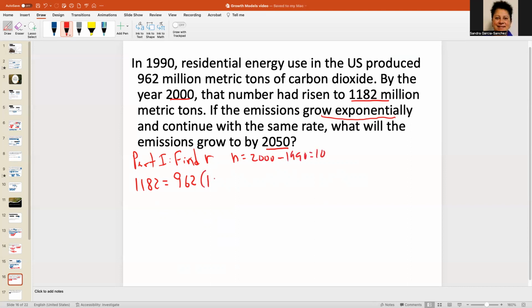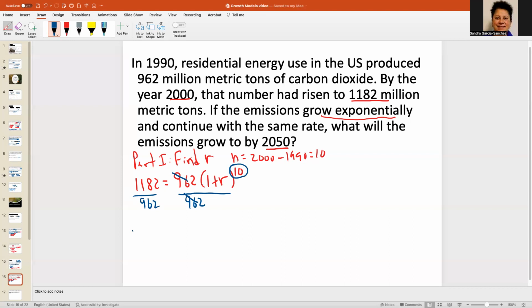So this is going to be 1 plus R, because we don't know what R is, elevated to the 10th power. Okay, using a little bit of algebra here, because this is a product, I'm going to divide both sides by 962, so these two cancel. Now, I have here an exponent 10. The inverse function of an exponent is going to be the radical, the root.